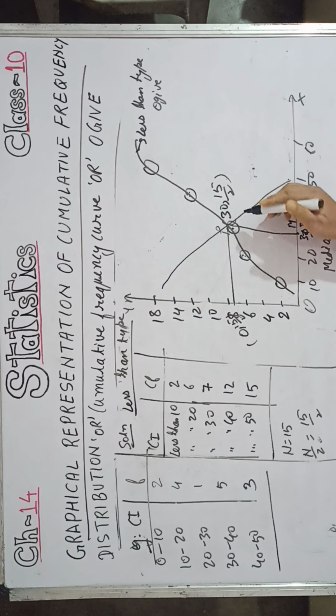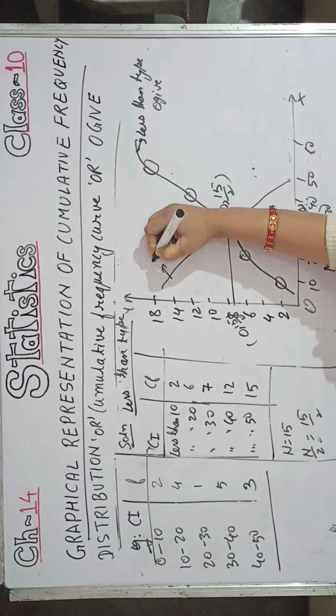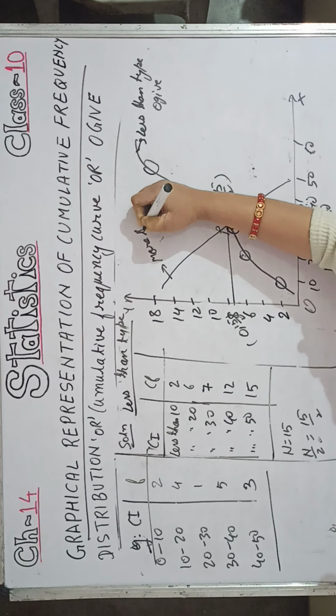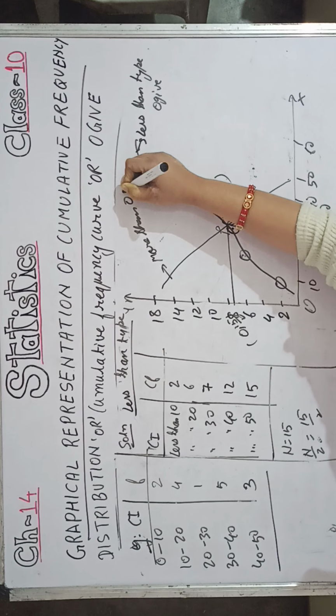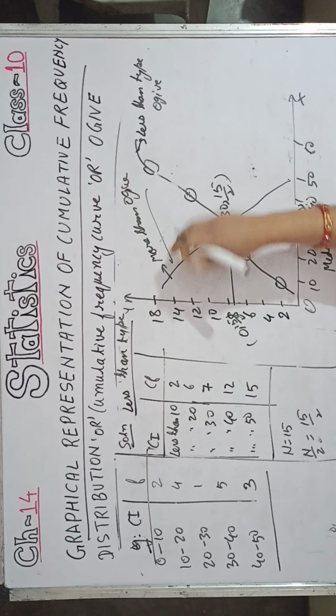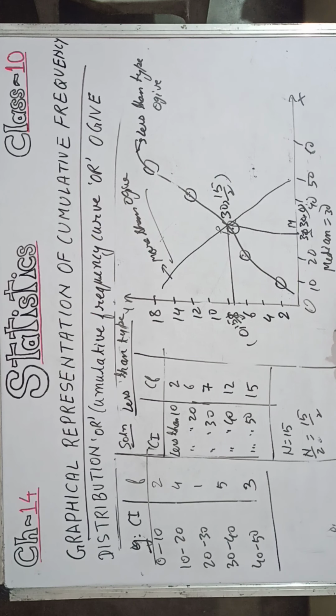Okay, so wherever this and this was more than, suppose more than ogive. So wherever this more than and less than ogive are intersecting, in that case no need to draw this parallel and the perpendicular. Wherever they are intersecting, the x coordinate of that point is the median.